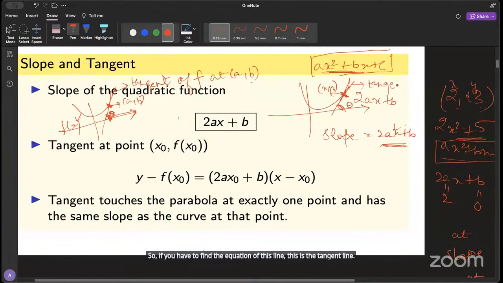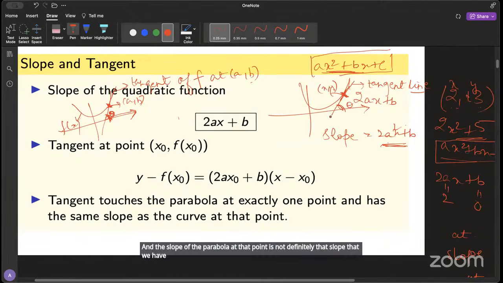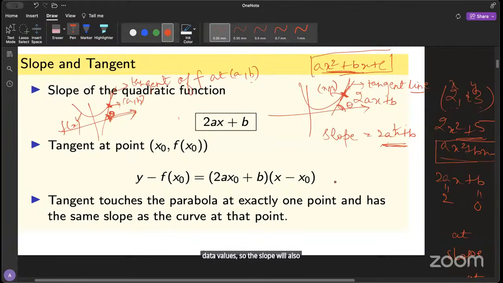Excuse me, ma'am. Yes. The slope of the parabola at that point is not definitely that slope that we have got for the tangent, right? Because at every point we can draw infinite number of tangents, and they would have different theta values, so the slope will also differ. If this is a curve, at this point you cannot draw infinite number of tangents.